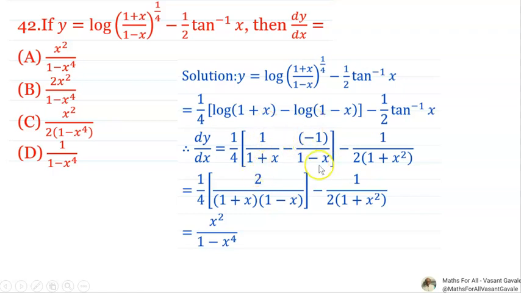हे सिम्प्लिफिकेशन केलं, क्रॉस मल्टिप्लिकेशन केलं, then plus x minus x will get cancelled. 1 plus 1 you will get 2 upon in bracket 1 plus x into 1 minus x. Okay, minus 1 upon 2 in bracket 1 plus x square. Okay. आता पुढे यामध्ये देखील 1 plus x into 1 minus x you will get 1 upon in bracket 1 minus x square and हा divided by 1 upon 2.